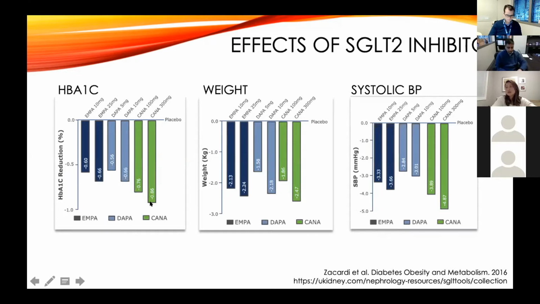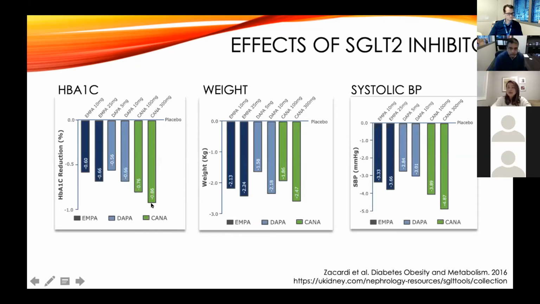Now, the glucose-lowering effect is directly proportional to the glomerular filtration, so as kidney function decreases, your glucosuric effect also gradually decreases. Hemoglobin A1C reduction is even less pronounced, at around 0.2 to 0.4% in CKD stage 3, and no effect on hemoglobin A1C is seen in CKD stage 4.